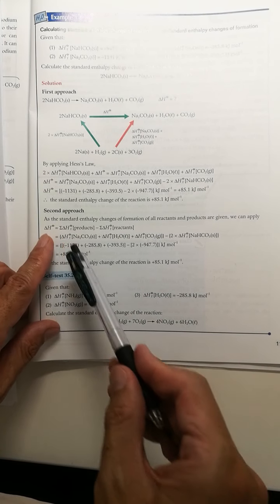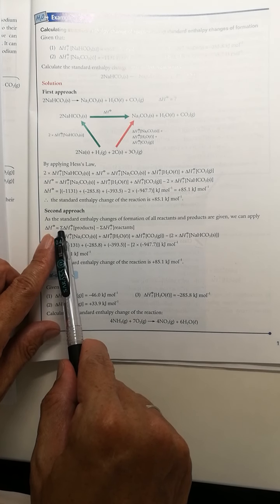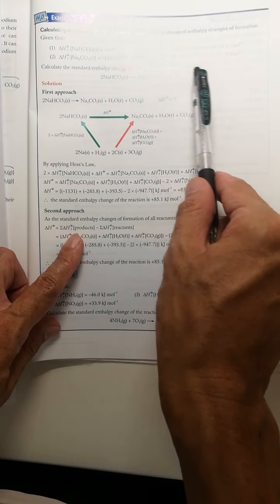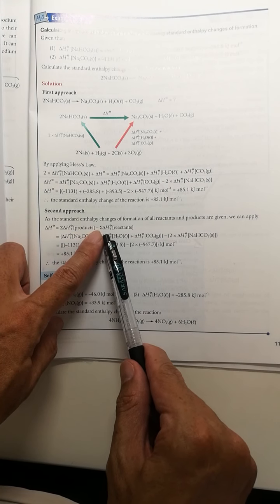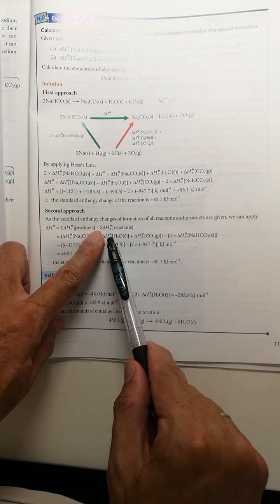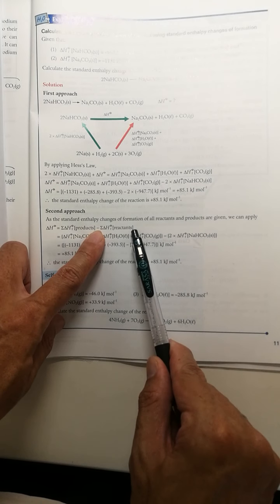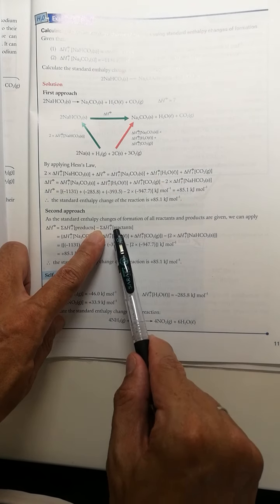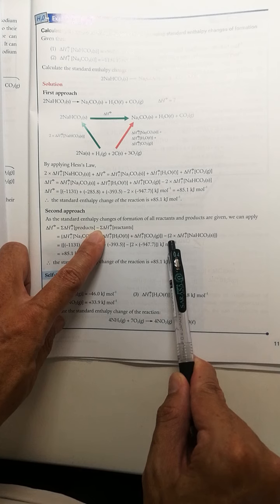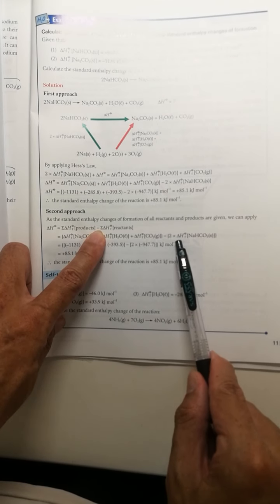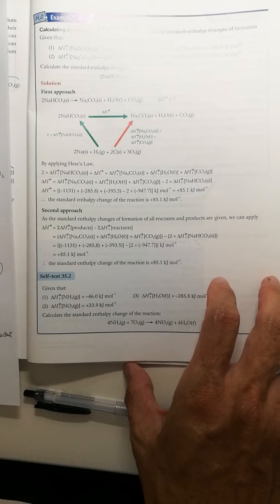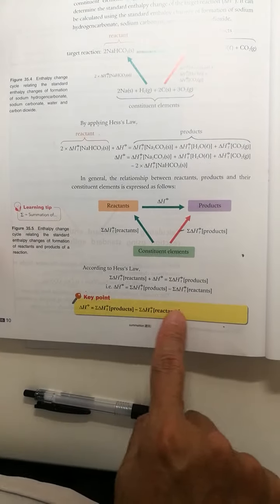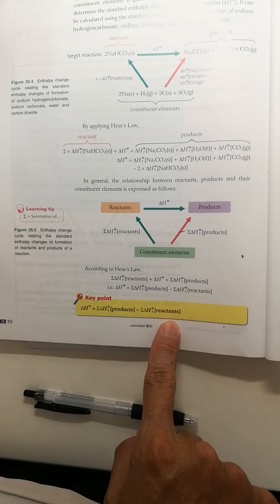And you can use the formula: summation of delta H formation of products minus summation of formation of reactants. When the equation has coefficient 2, you need to multiply by 2. And this equation is over here. Okay.